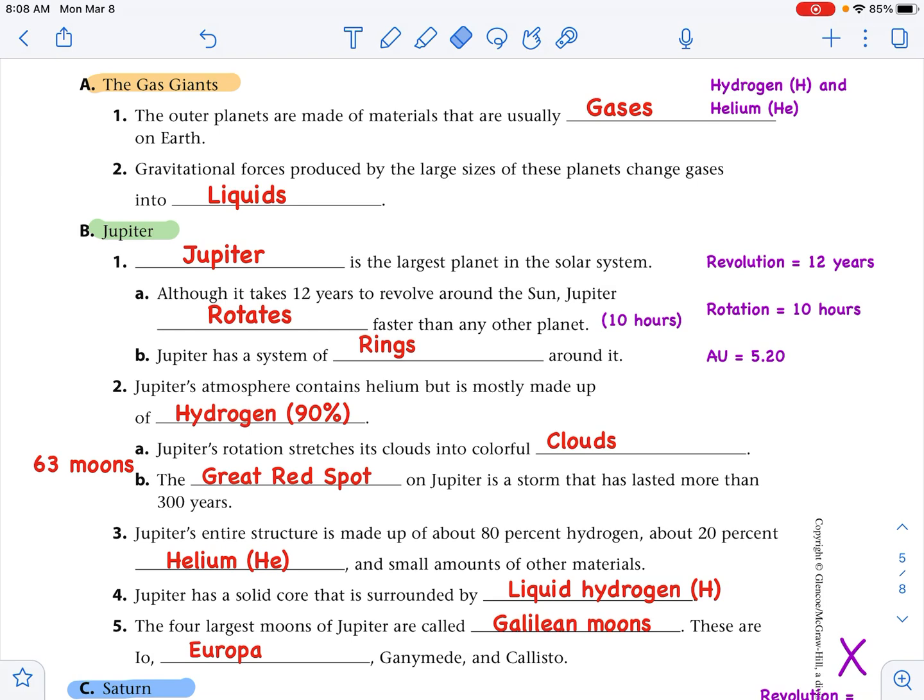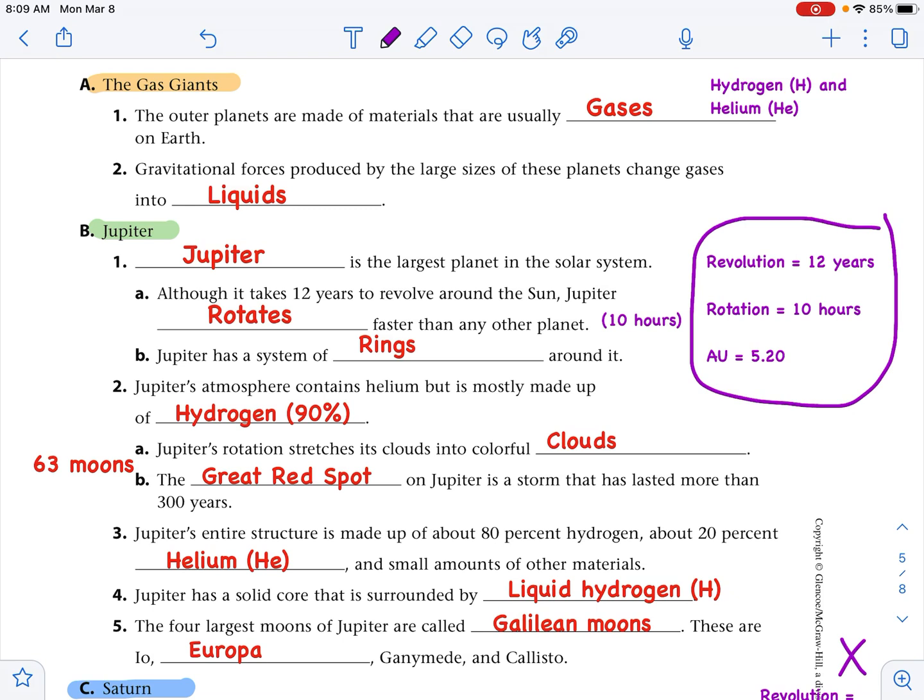All right, what I want you to mark here is this information right here. We're going to do this for all of the planets. Its revolution, so its orbit around the sun, is 12 years. The rotation, its day and night, is 10 hours. And the AU is 5.20.